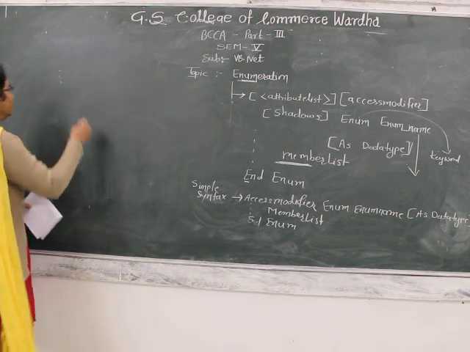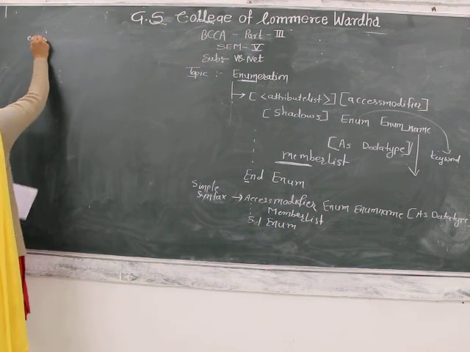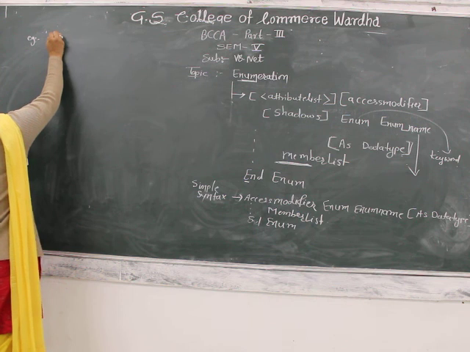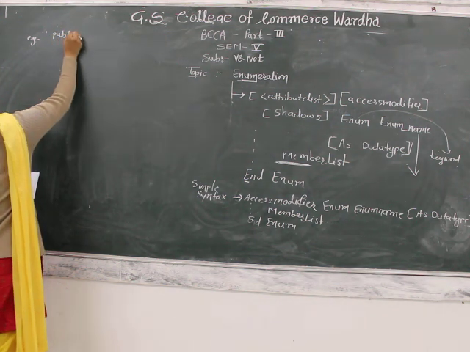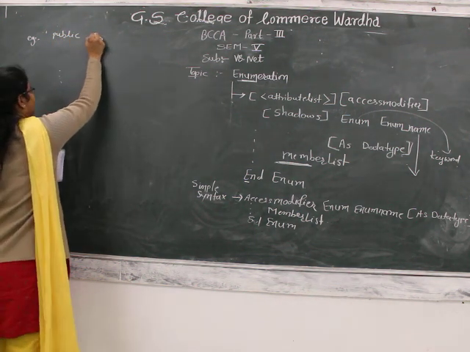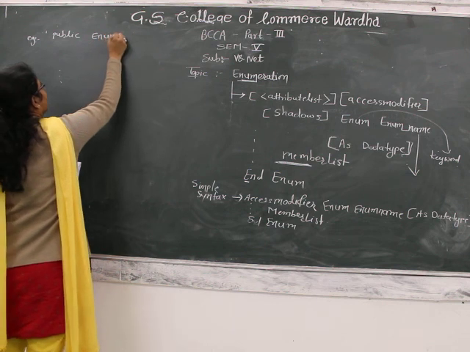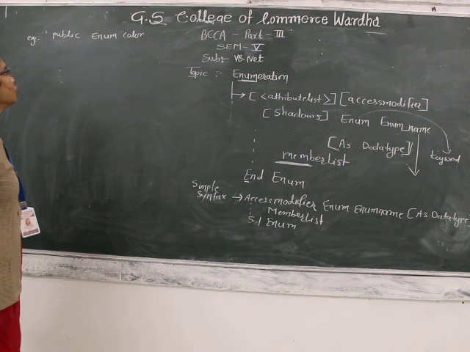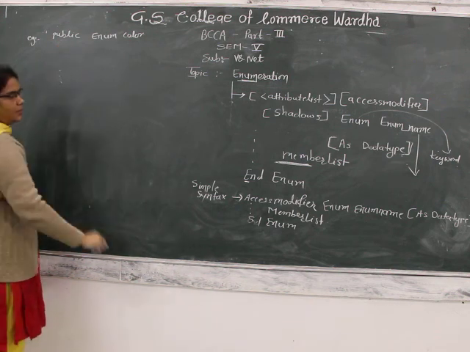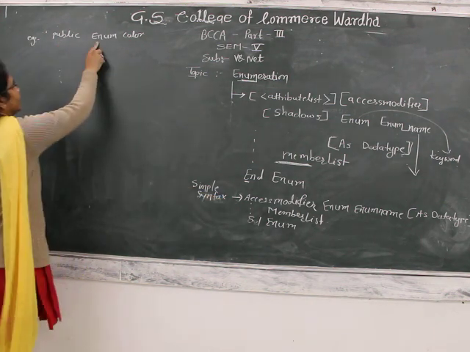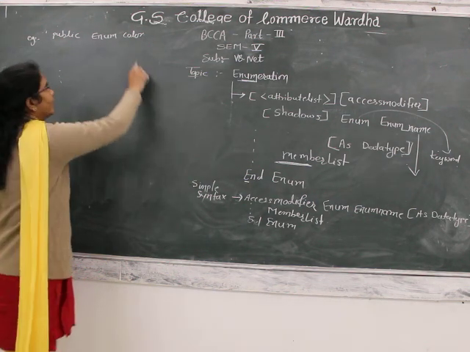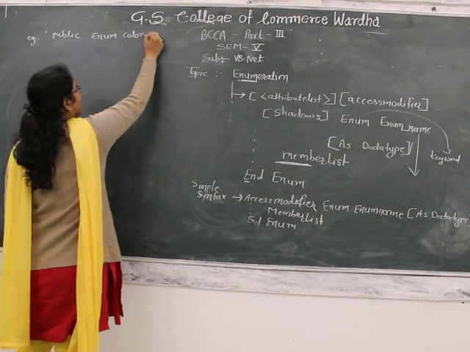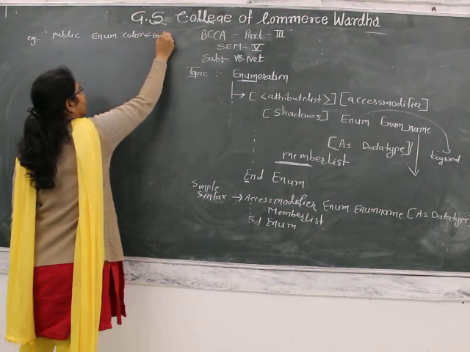So, an example: Public Enum Color. Public is the access modifier, Enum is the keyword, and Color is the enum name.